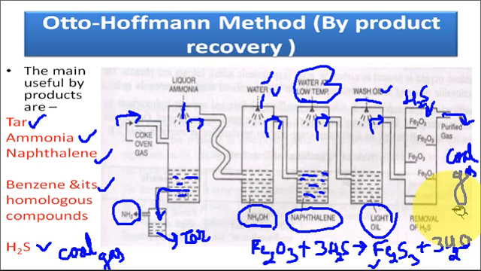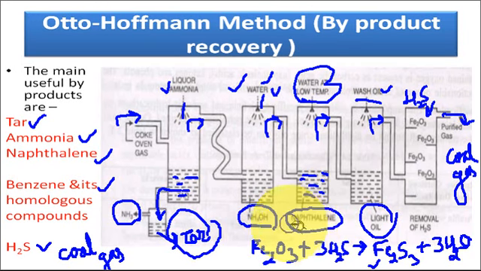out from this chamber. So basically this is the recovery plant in which tar is separated with the help of spray of the ammonia. Ammonia is separated as ammonium hydroxide with the help of water. Naphthalene is separated by the condensation reaction with the help of the chilled water.